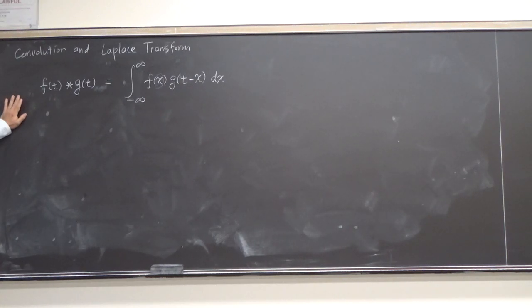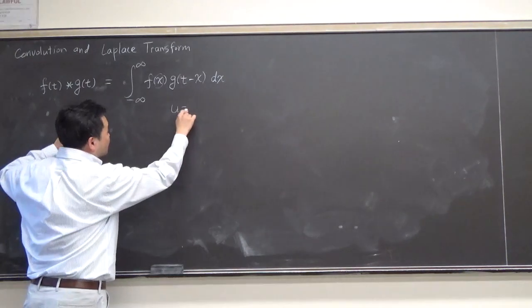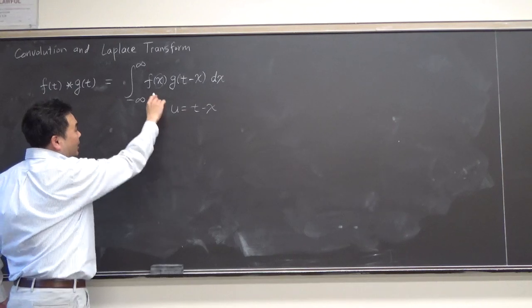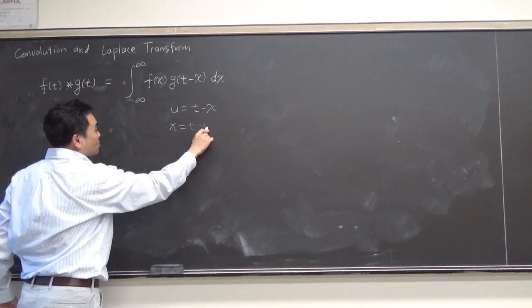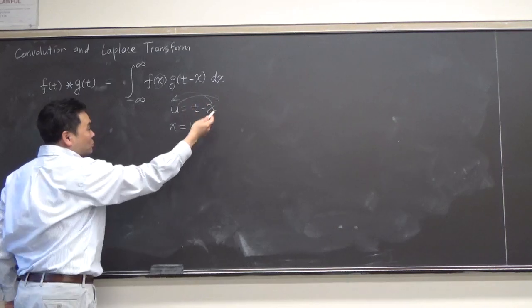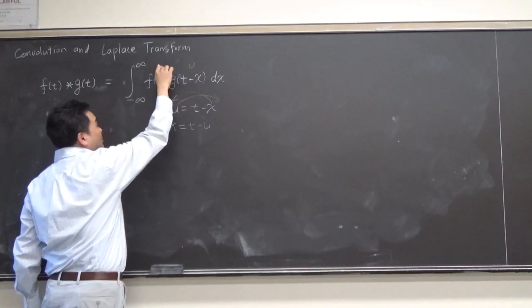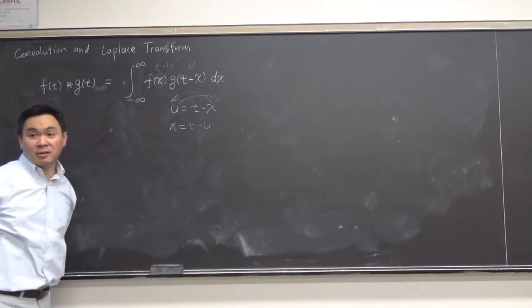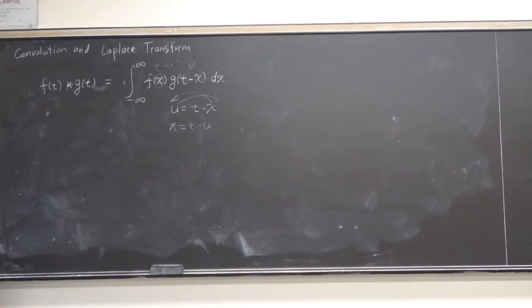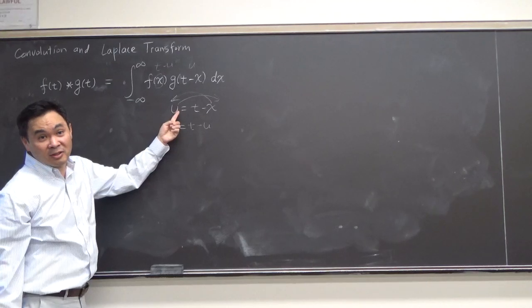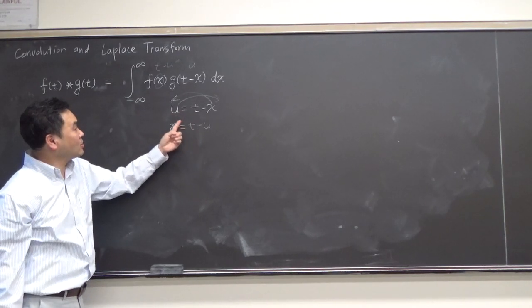One thing that you could prove is that if you take u to be t minus x, so that x would be t minus u, and you bring the x here and move the u there, then the integrand becomes f of t minus u times g of u. These two limits will interchange, because when x is infinity, u will be negative infinity, and vice versa.